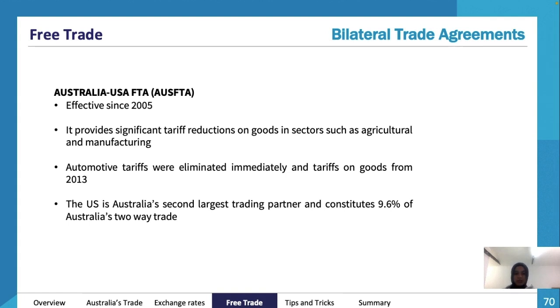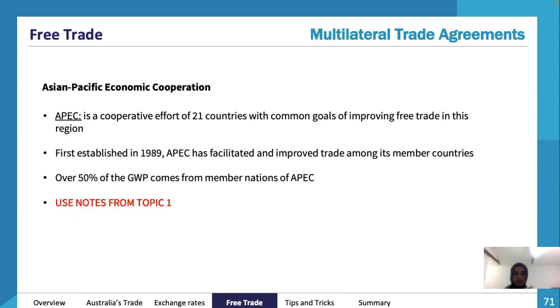So automotive tariffs were eliminated completely, and tariffs on goods from 2013 were also eliminated. So the US is Australia's second largest trading partner after China and constitutes about 9.6% of Australia's two-way trade. So definitely provide updates on those stats as time progresses as well.